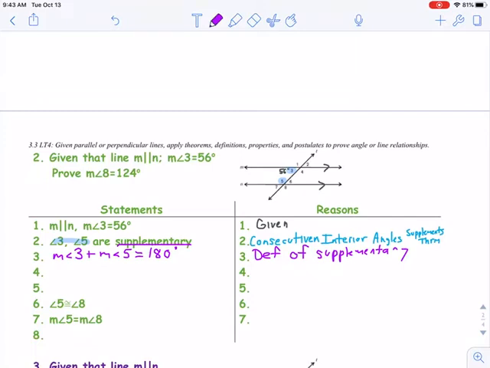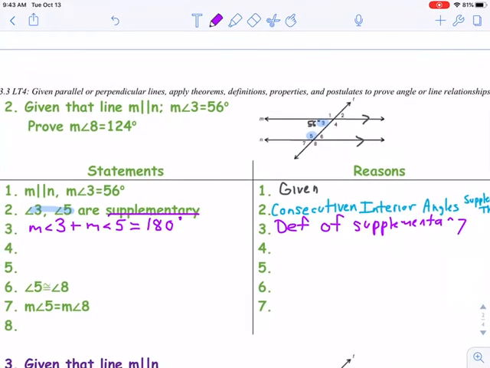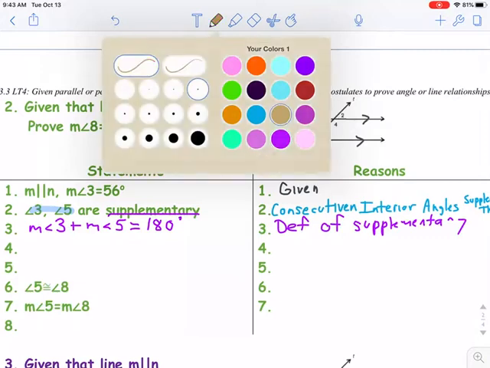Okay, now what do I want to do here? Let me think actually. Let's do this. Okay, I'm talking about 3 and 5. I need to introduce angle 8 somehow, because we can always use reverse engineering.